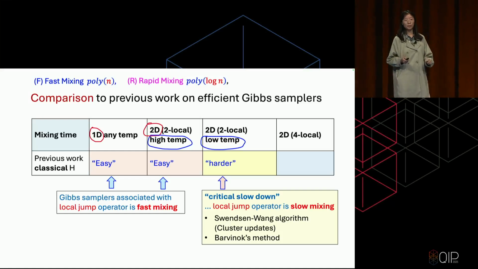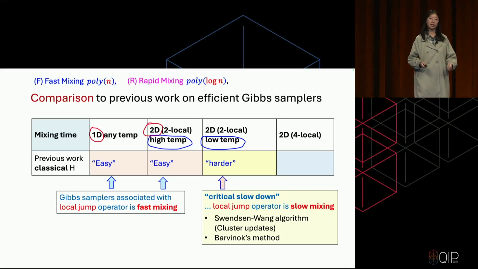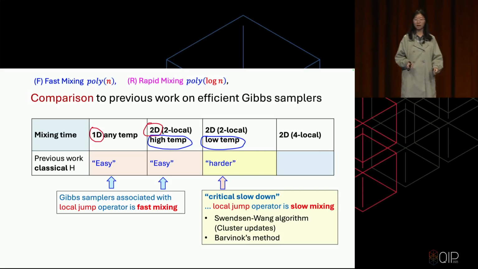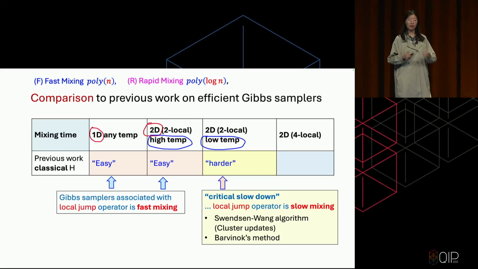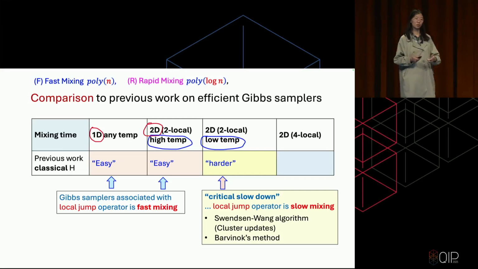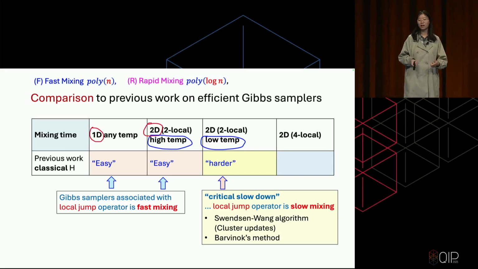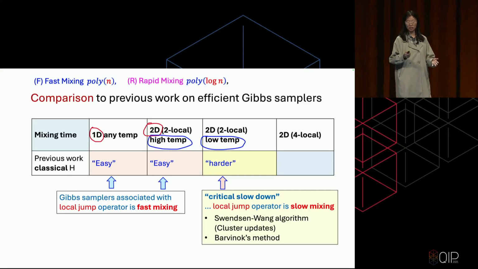It means if you use local jump operators, then for some systems you can prove it will need exponential time to mix. And to design an efficient Gibbs sampler, you need to do something more clever. So that's what I mean by harder.